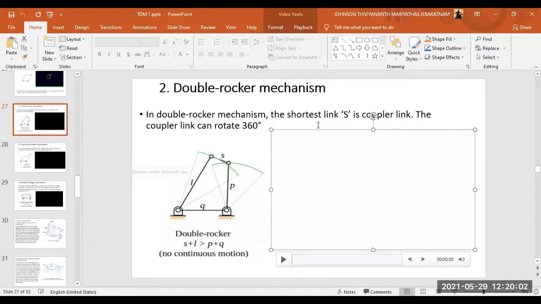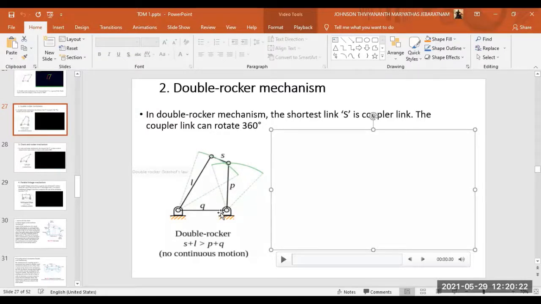In the double rocker mechanism, the shortest link S is the coupler link. The coupler is the connecting rod. So if this one is the input, then this could be the output, or if this is the input, this could be the output. There are only four members, and Q is the fixed link.